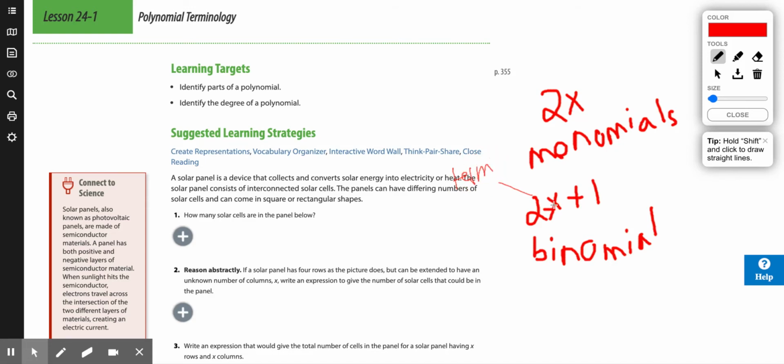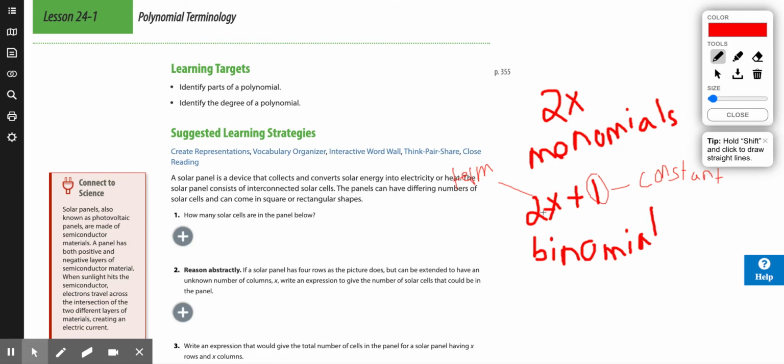A number by itself is just called a constant because it stays the same. It's just a number. So we have different terms, we have different constants. All together we make polynomials.